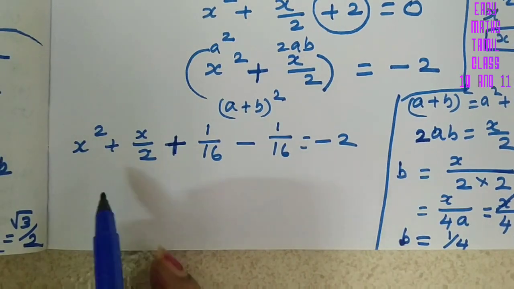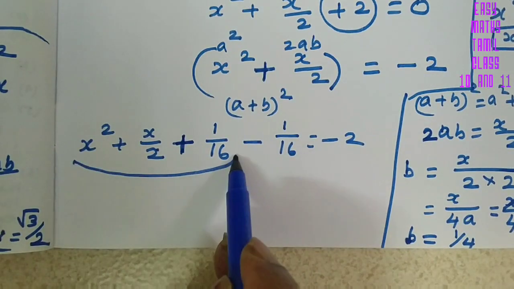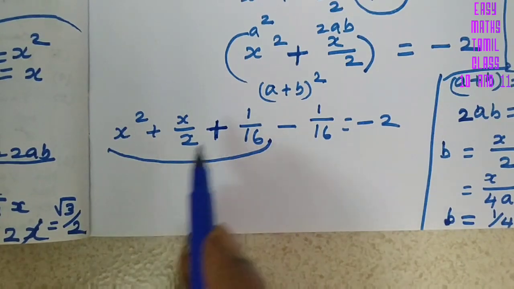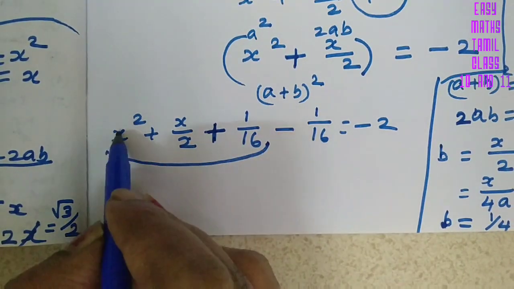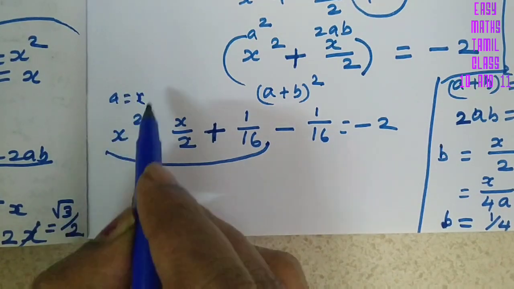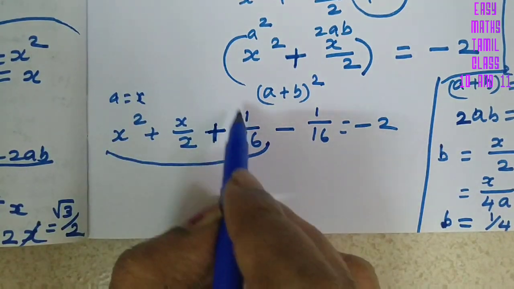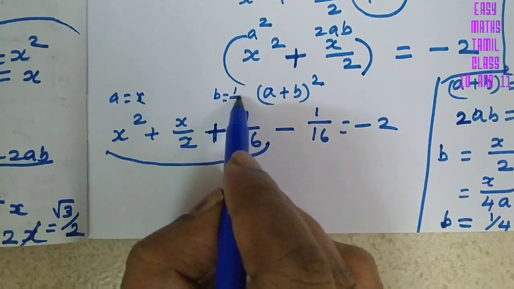So now taking these three terms, write them in the form of a plus b the whole square. The value of a is x, b is 1 by 4.